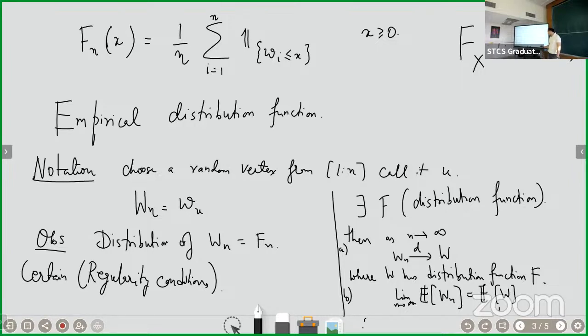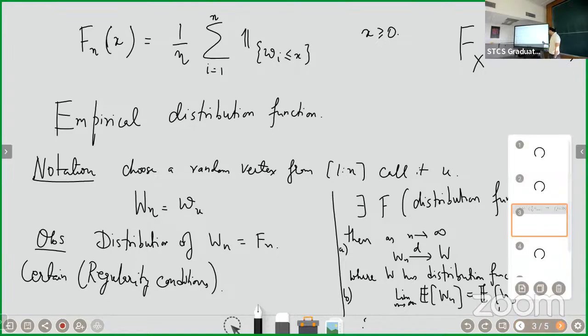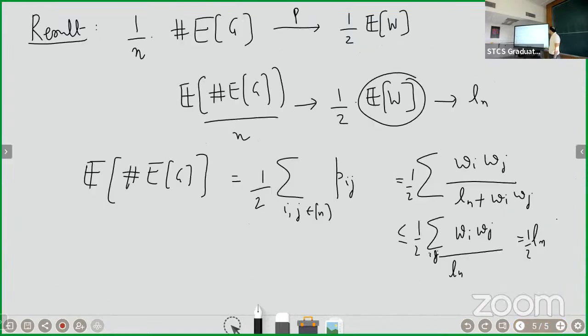So what was the question? The question was why is this true for l_n by n? All I showed you is this is l_n. Take, divide by n, and then it should converge to the expectation of W. This is because of the regularity, because the expected value of W_1 is converging here.